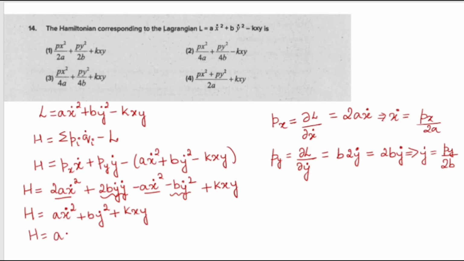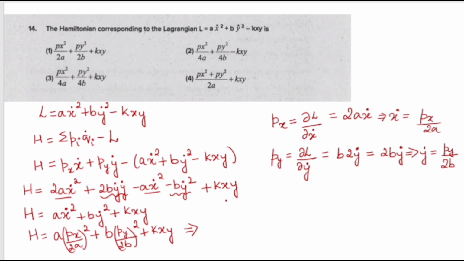So I'll substitute here and I'll get my final result. Instead of x dot, p_x divided by 2a whole square, plus b into y dot, which is p_y divided by 2b whole square, plus k times x y.